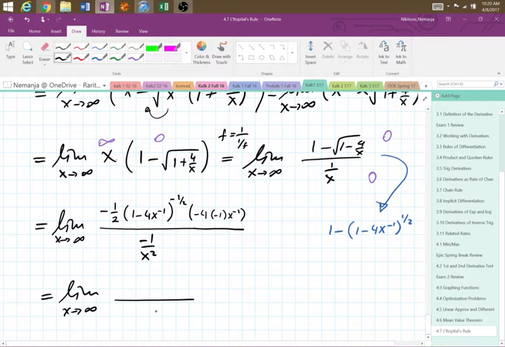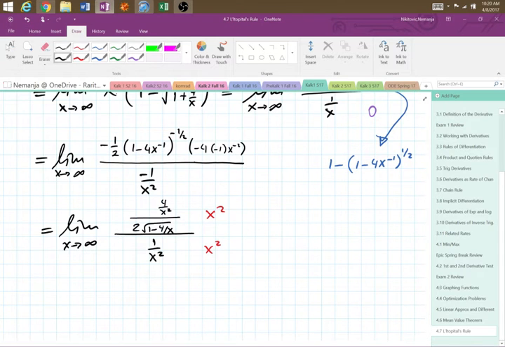I have 1 over x squared in the denominator, and in the numerator I have 2 square roots of 1 minus 4 over x, and on top I have 4 over x squared. Now I hope that you see that when you multiply x squared and x squared, you immediately lose the double fraction.